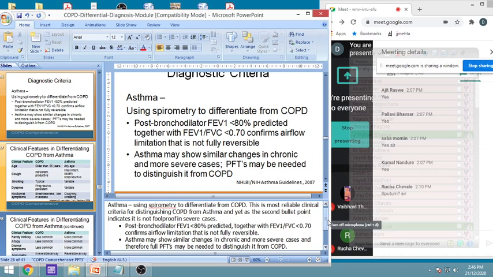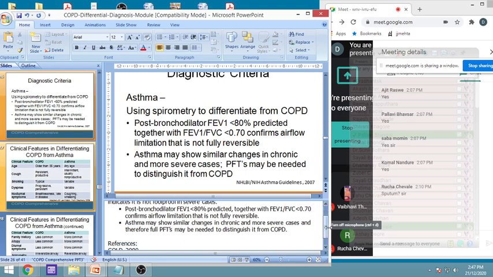It confirms the airflow limitation is not fully reversible. Asthma may show similar changes in chronic and more severe cases, and therefore a complete pulmonary function test should be there to distinguish from COPD.